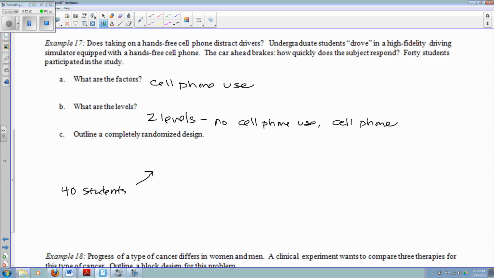And we are going to assign them. We have two treatments, basically two levels. They're either going to be in group 1 or treatment 1, however you want to write this. So their treatment is, we can say, no cell phone.